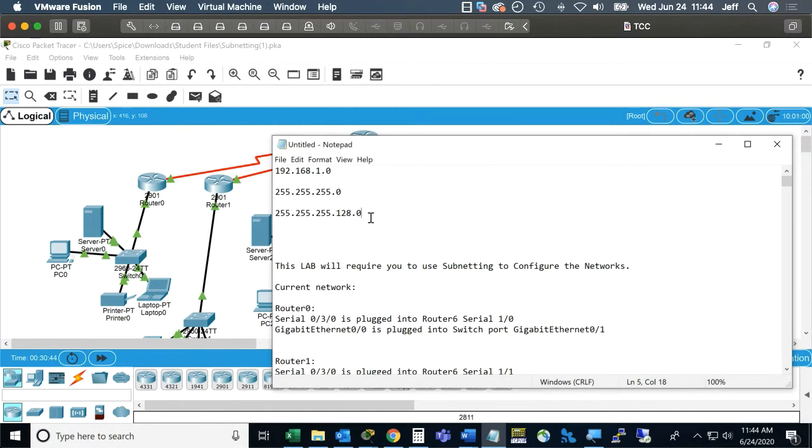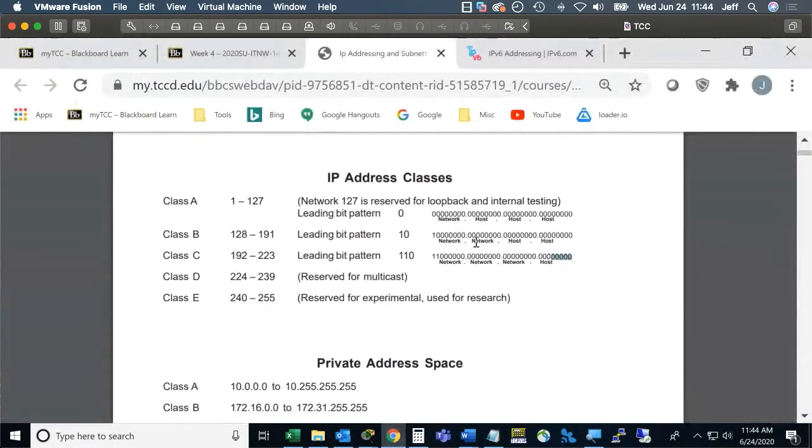our network bits, as we pull them off, there's 8 bits. So this last bit here is 2 to the 7th, right?